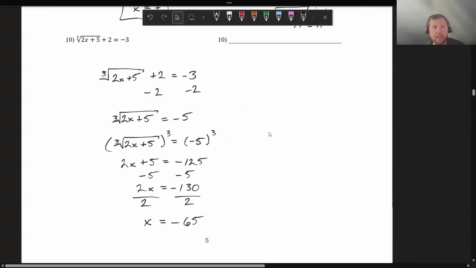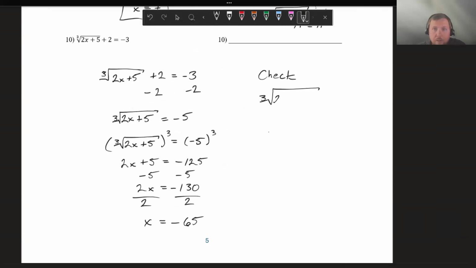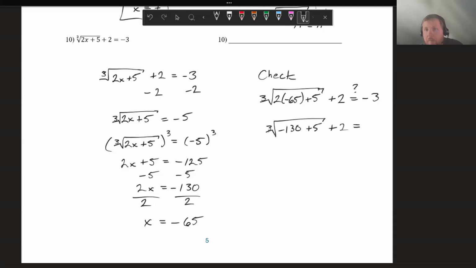Now, with the odd indexed roots, the check is just a check for correctness. So I have the cube root of 2 times negative 65 plus 5, and then plus 2. Is this equal to negative 3? So I have the cube root of negative 130 plus 5, plus 2.